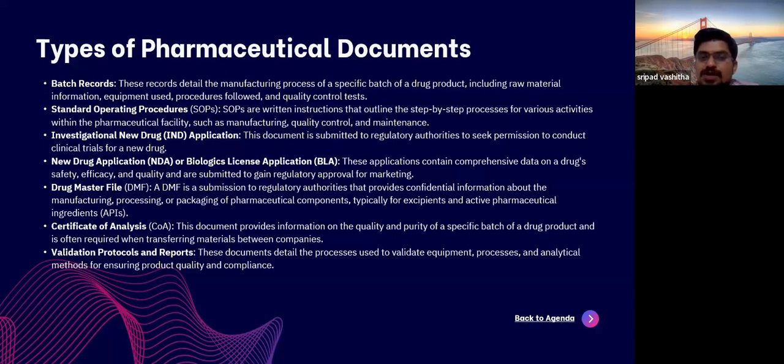So the investigational new drug application is something which is filed with the health authority to get approval to start your clinical trial. A new drug application or a biological license application is something wherein you are filing it as a submission or as a document to get approval for that biologic or that new molecular entity to get marketed in that particular region or particular country. Okay.